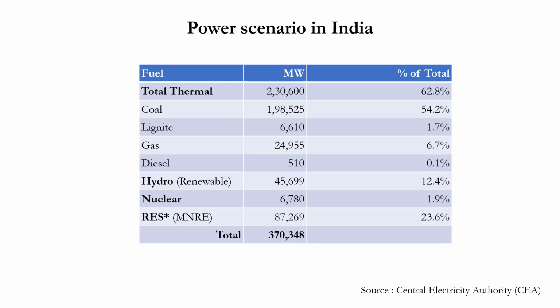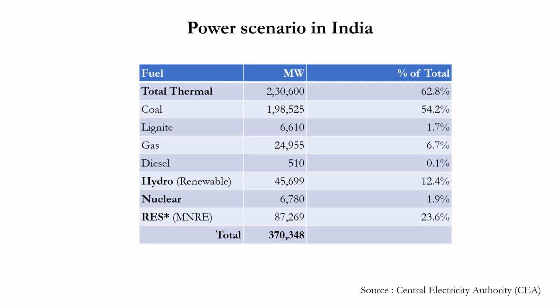The remaining hydro, which is a renewable energy, is 45,699 megawatt. The percentage is 12.4. Whereas nuclear gives a power of 6,780 megawatt, which is about 1.9%.